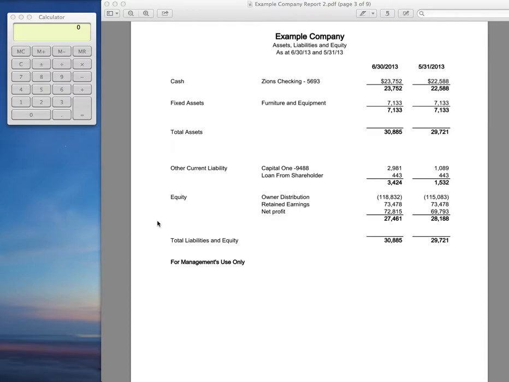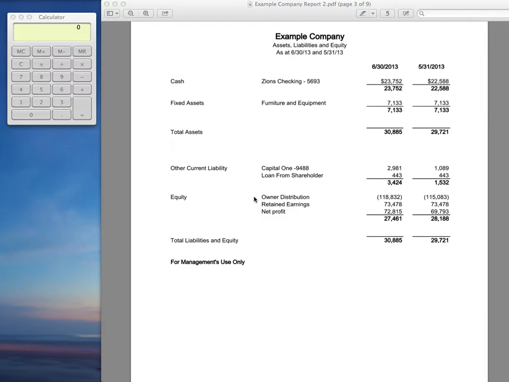The last section of the statement is the equity section, and this section's a little bit more complicated in some ways, but we've got a really nice, easy example here. So this equity section would track money coming in from owners or money going out to owners that is not wages, that's not like payroll, but owner distributions, or some people call it dividends.